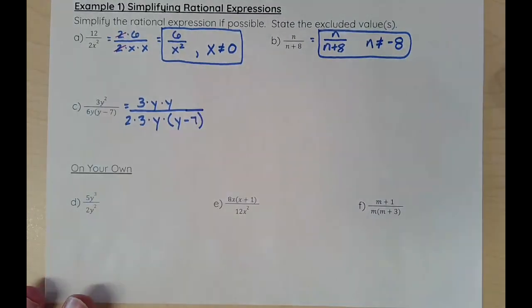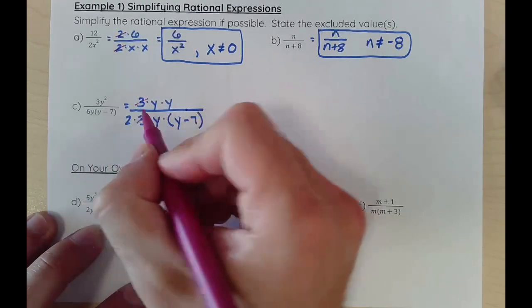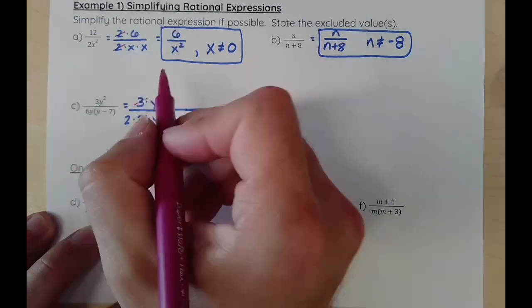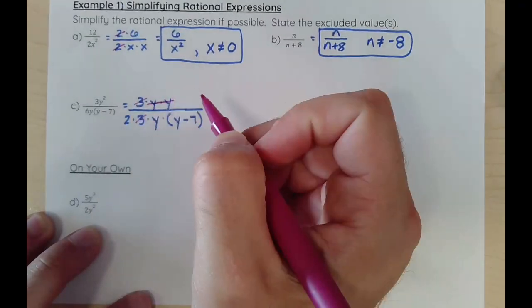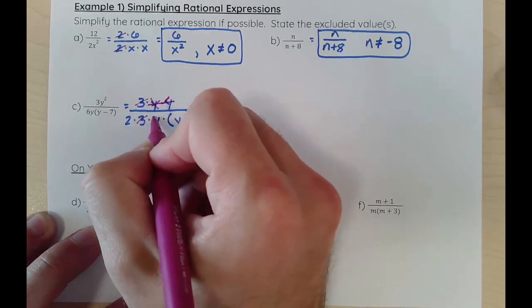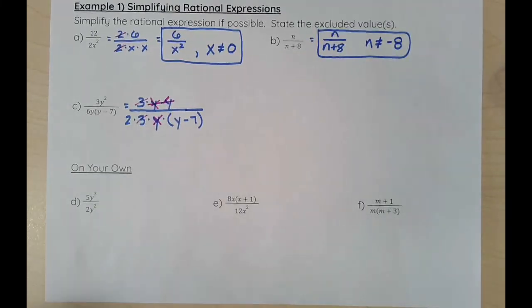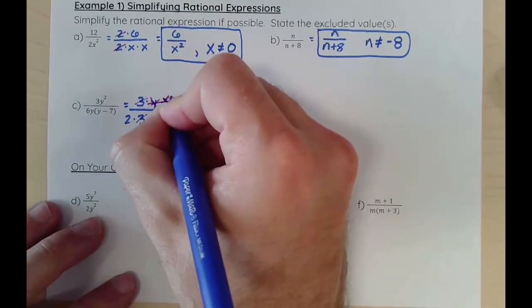Once I have it written as factors, I'm going to see what cancels. The 3 and the 3 will cancel. One y on the numerator, just one, will cancel out this one. Just as I have to have it on the numerator and denominator to cancel, so this will still be a y.